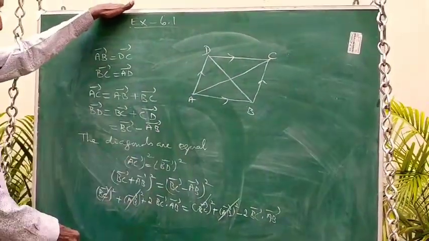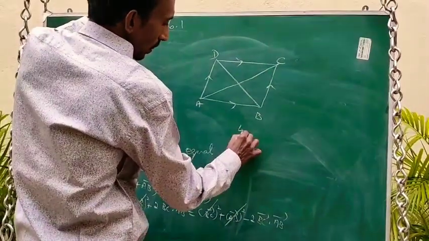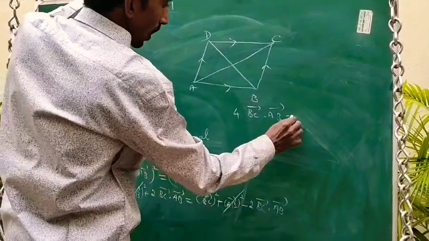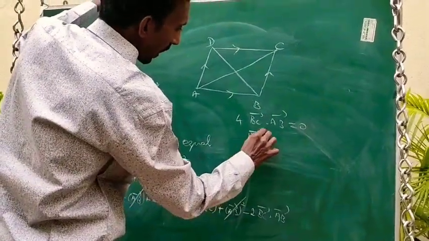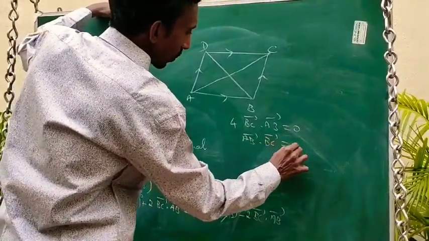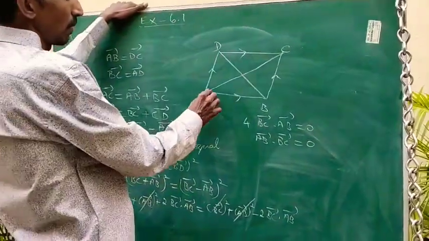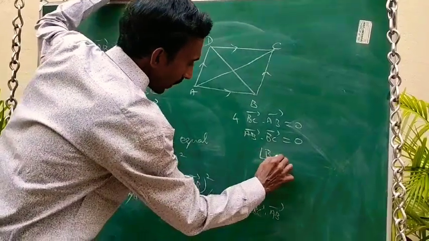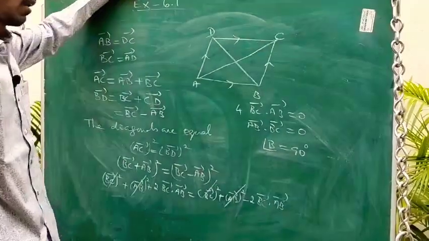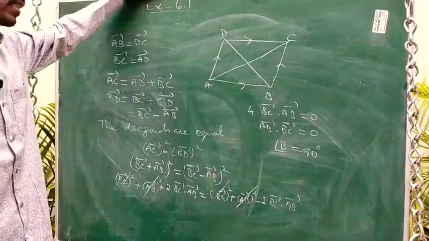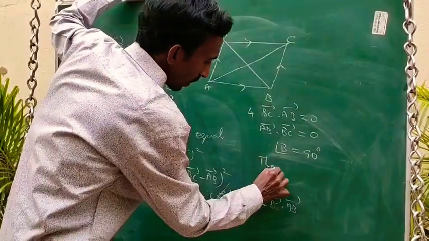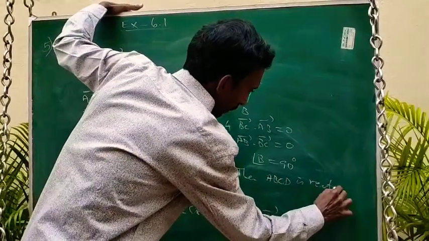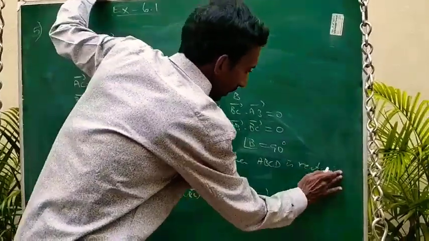We change the side, we are getting 4 times BC dot AB equals 0, or AB vector dot BC vector equals 0. So AB vector dot BC vector 0, that means angle B equals 90 degrees. If in a parallelogram one of the angles is 90 degrees, then ABCD is a rectangle. That is our aim.